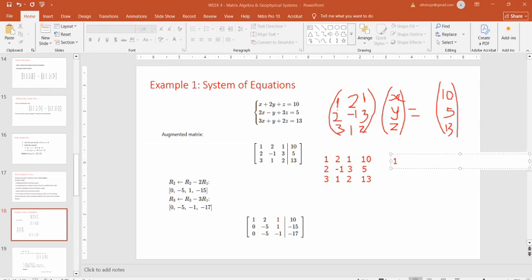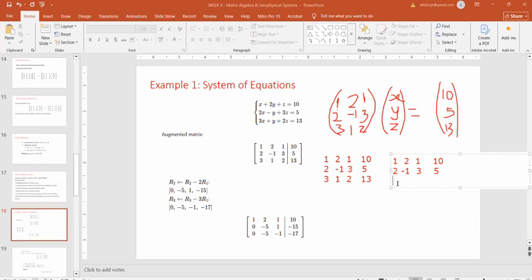1, 2, 1, 10. The next is still 2, 2 minus 1. If you make a mistake of writing the wrong value, that's the end. 5. Now, like I said, we are making this 3 become 0.